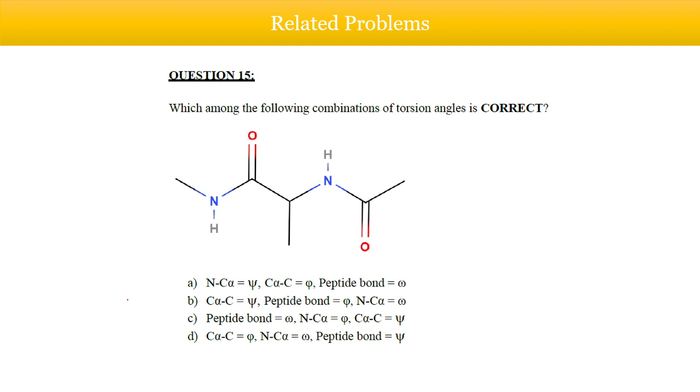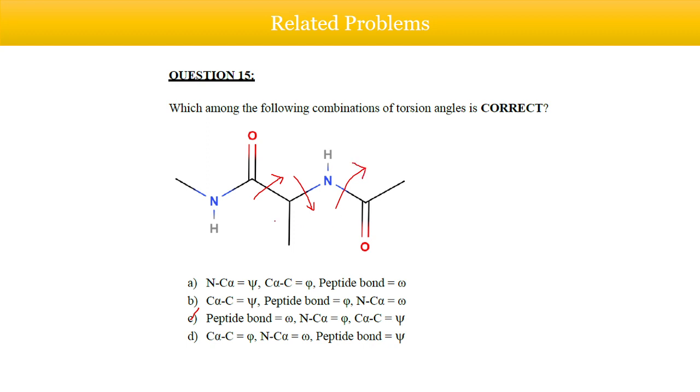Now which among the following combinations of torsional angles is correct? I am mentioning here the torsional angles. The correct answer over here is C, and the torsional angles involved are these.